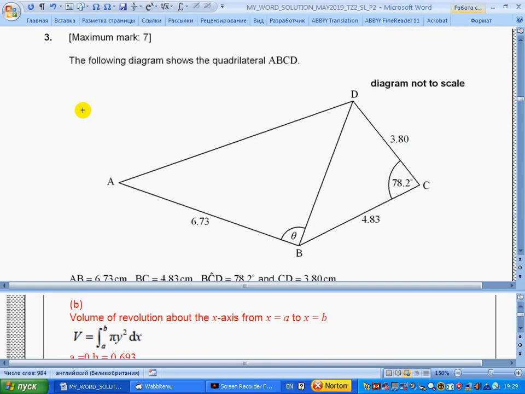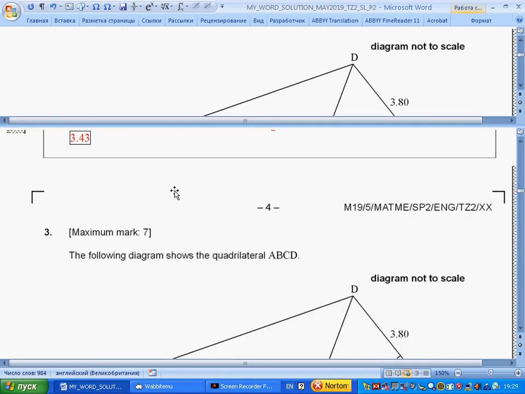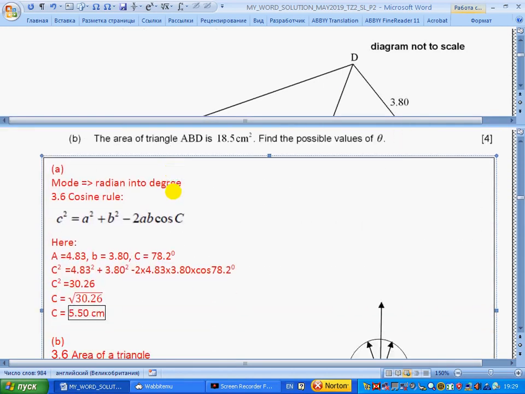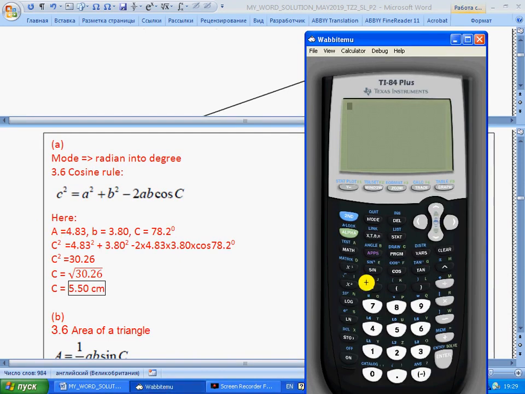The following diagram shows the quadrilateral ABCD. So we have some information. Find BD. BD is in triangle BDC, and we can use the cosine rule because we have two sides and the angle between them. So the cosine rule is written here. The values of a, b, and c we know, but before using the calculator you should change the mode from radian to degree.